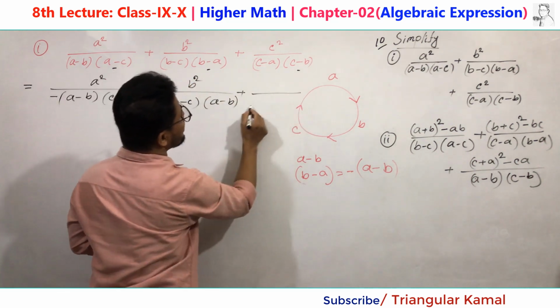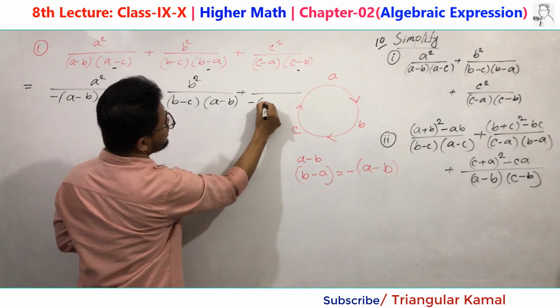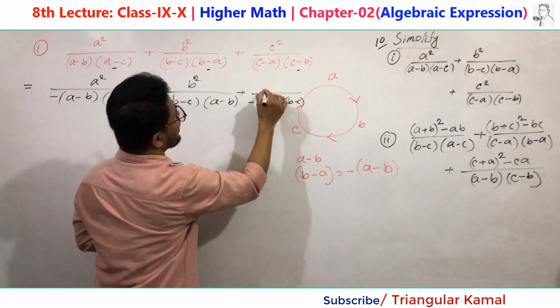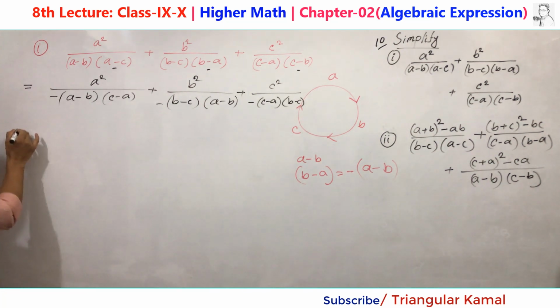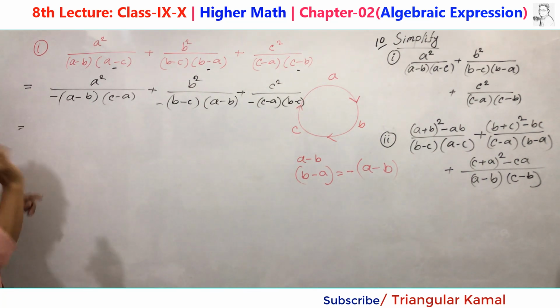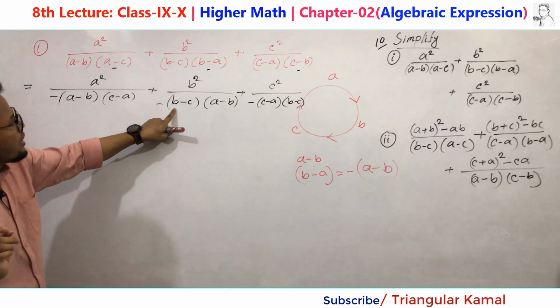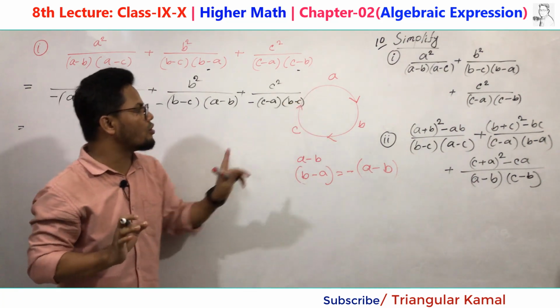And similarly the third part will be minus c minus a and b minus c, and now this one is c square. And what we see here: a minus b, c minus a, b minus c, a minus b, and all are in cyclic order.